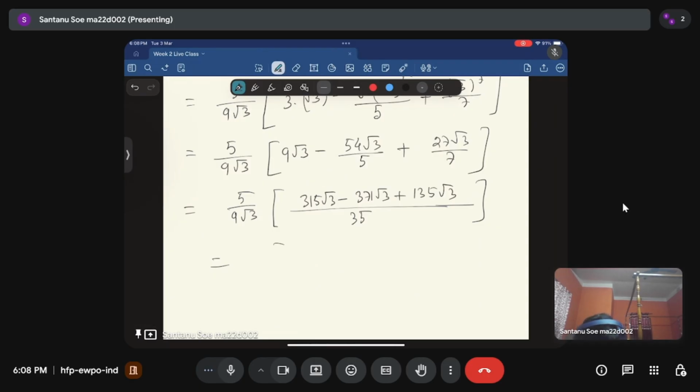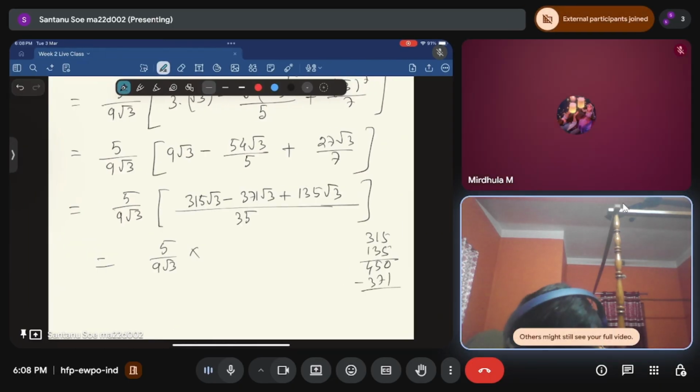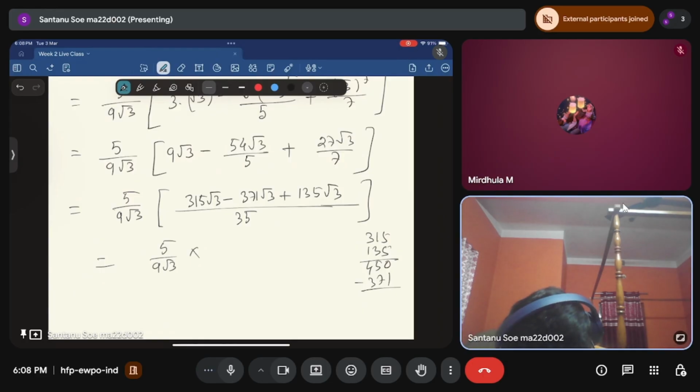5 times 9 root 3 into, so 315 and 135. So this is 5 and 4 and then 371. So this is going to be 29 plus 50.